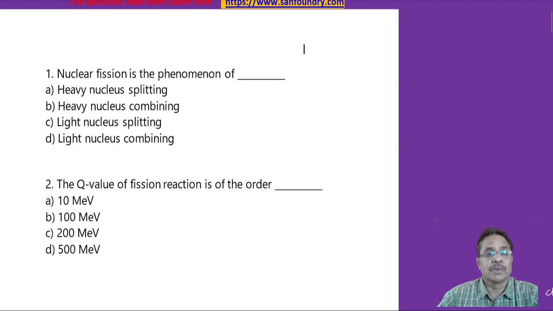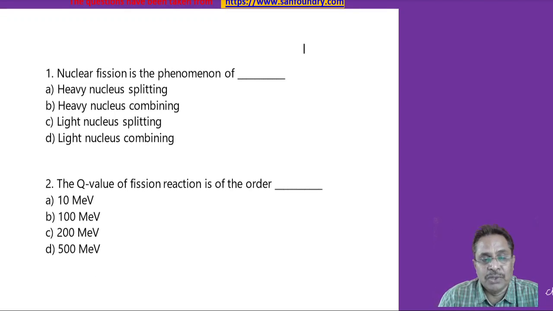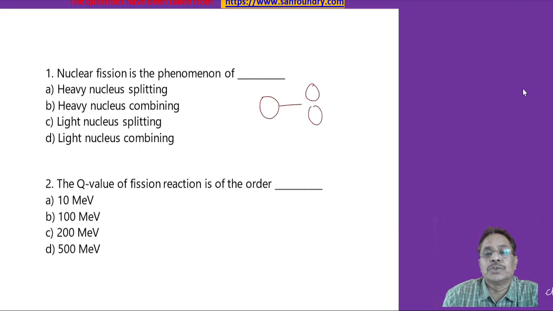Question number 1. The nuclear fission is the phenomenon of, four options are given: A. heavy nucleus splitting, B. heavy nucleus combining, C. light nucleus splitting, and D. light nucleus combining. So as we have already seen, in fission, a heavier nucleus gets broken into two smaller nuclei.